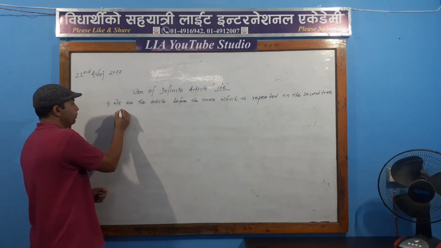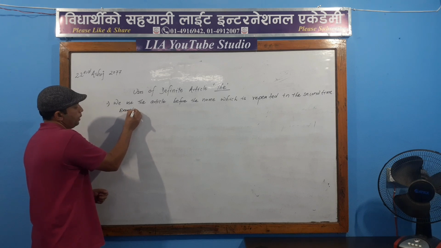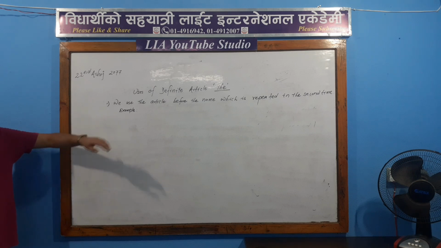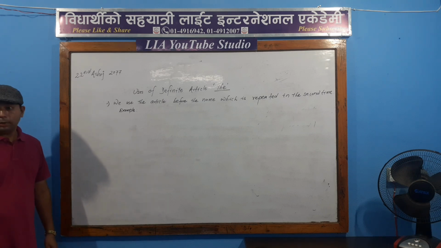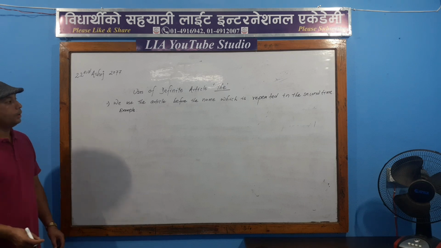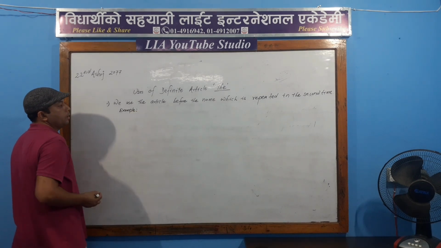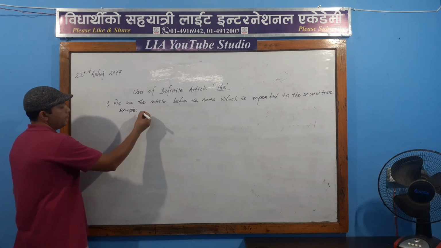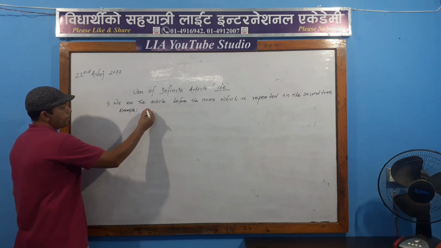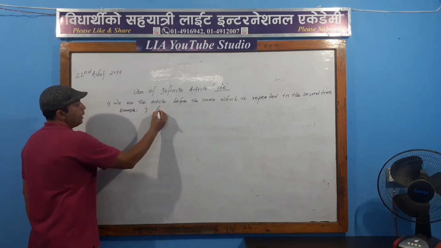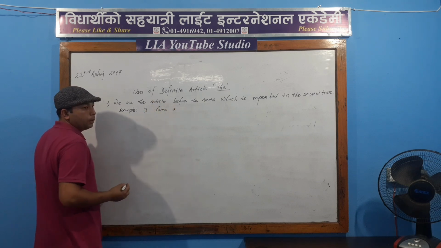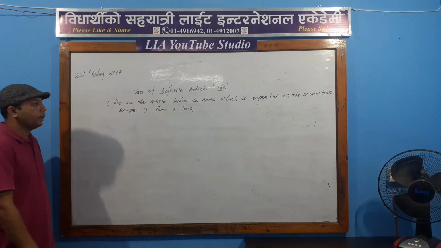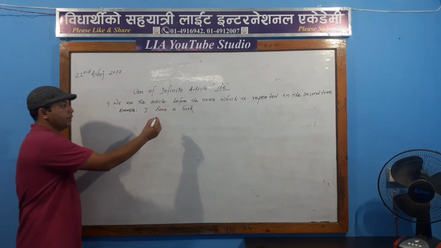For example, let's be clearer with the example, though I have already used one sentence in the previous chapter. Second time means: I have a book. Here 'a' is used, a book.